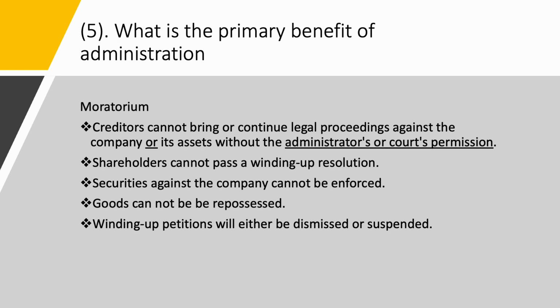So as you can see here, by ensuring that we have some breathing space given to a company through what we call moratorium, that becomes a key benefit of administration as one of the procedures that a company could adopt if it is in a situation of financial difficulties.